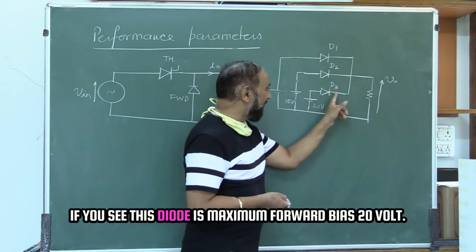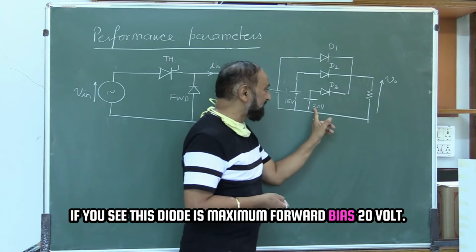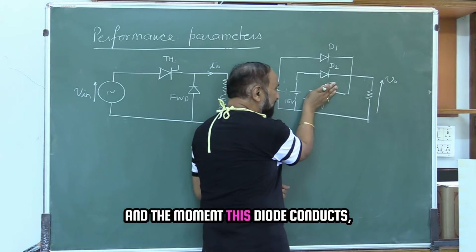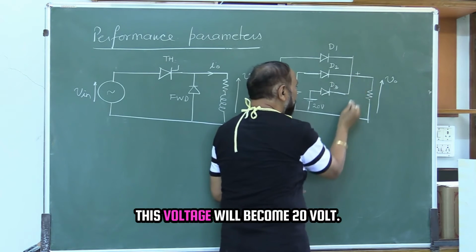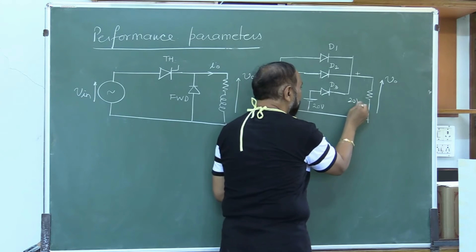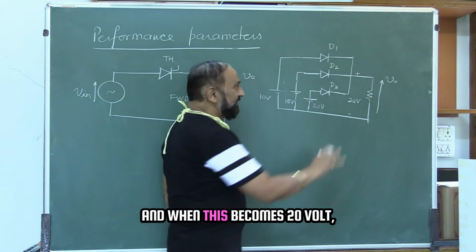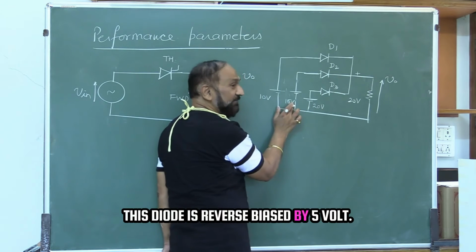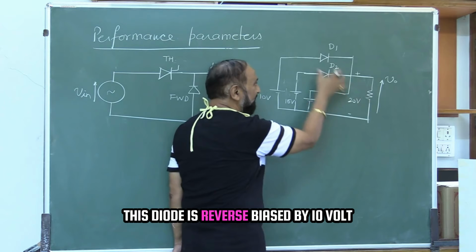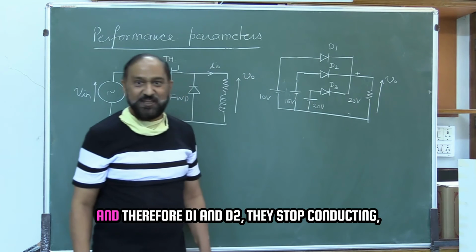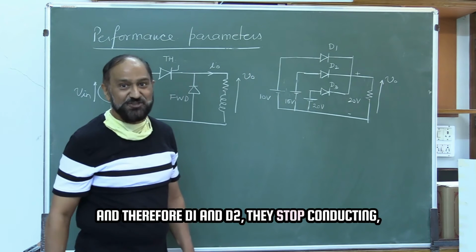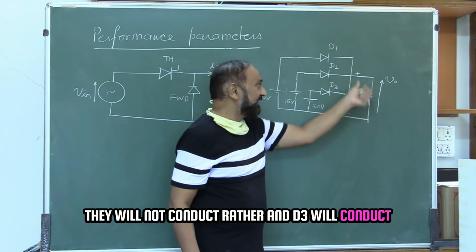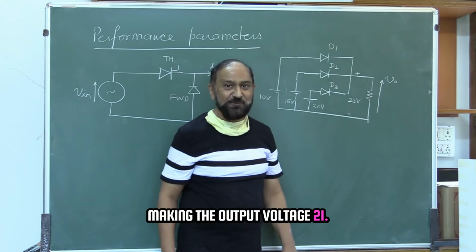If you see, this diode is maximum forward bias 20 volt and this will conduct, and the moment this diode conducts, this voltage will become 20 volt, and when this becomes 20 volt, this diode is reverse biased by 5 volt, this diode is reverse biased by 10 volt, and therefore D1 and D2 stop conducting, they will not conduct, and D3 will conduct, making the output voltage 20 volt.